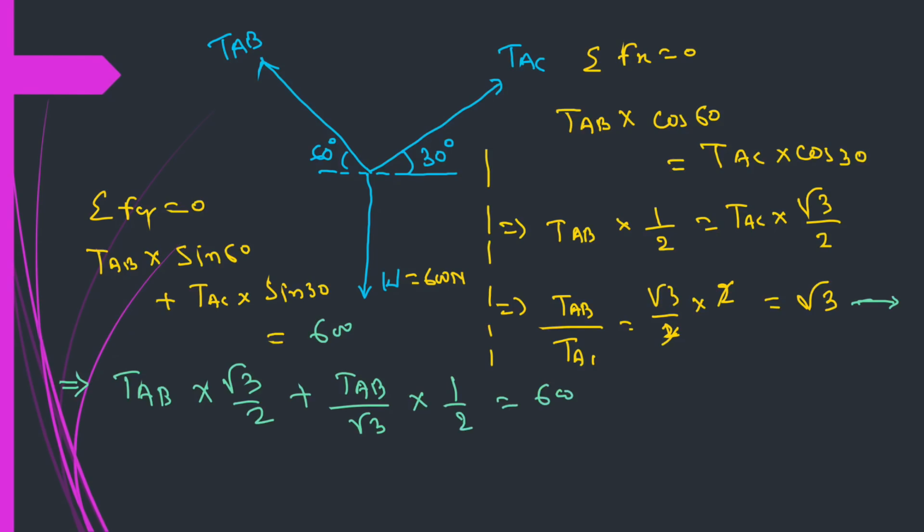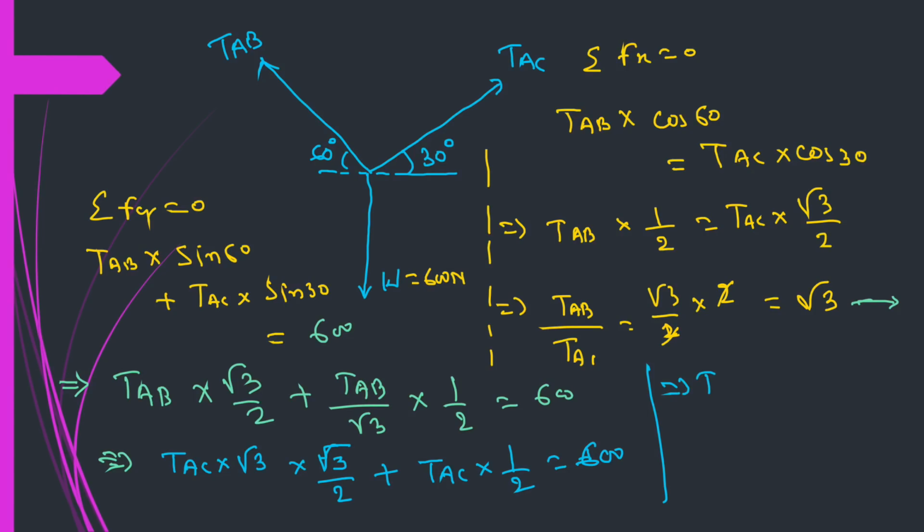So better we write it in TAC form. Taking TAC common, TAC into 3 by 2 plus 1 by 2 equals 600. So TAC equals 2 into 600 divided by 4, you will get 300. TAC is 300 and TAB is root 3 into 300.